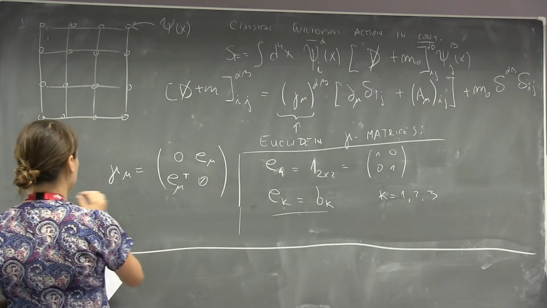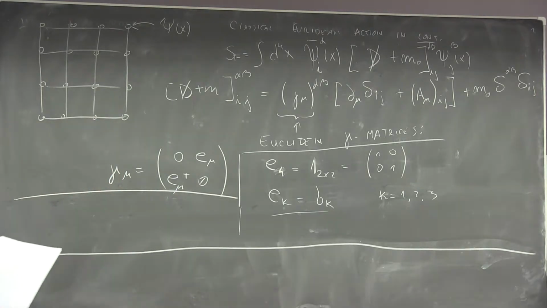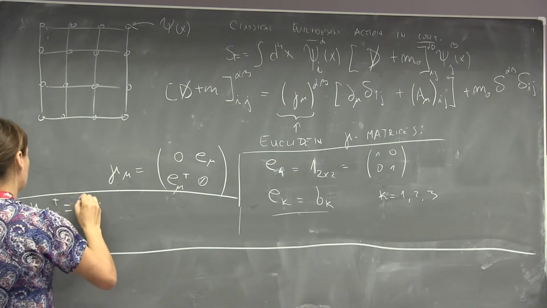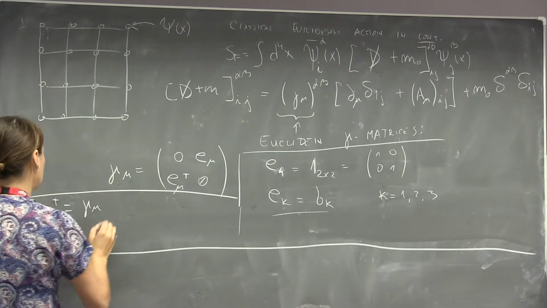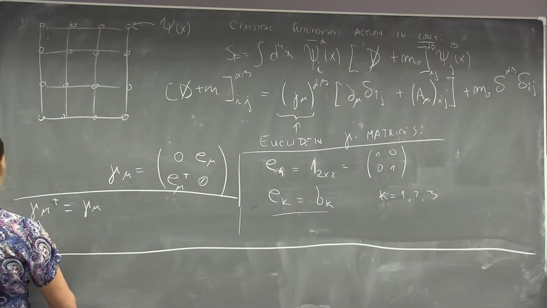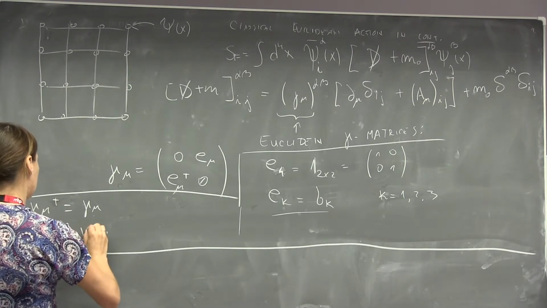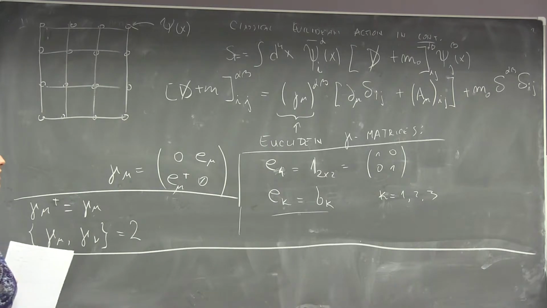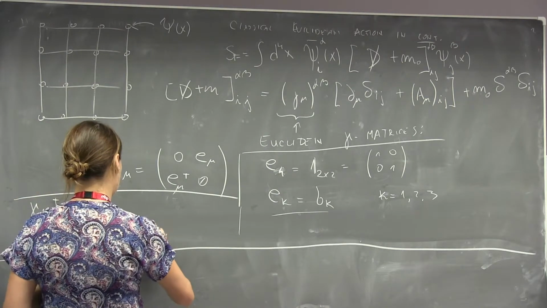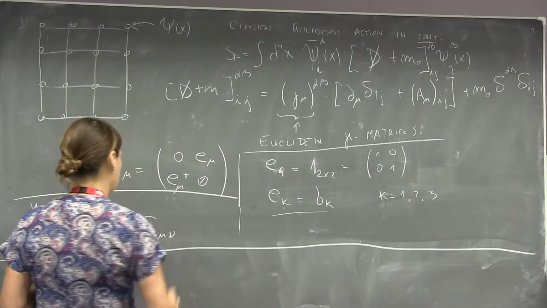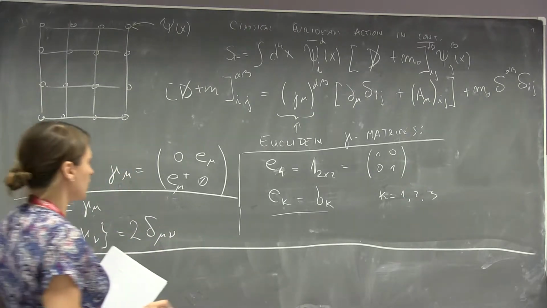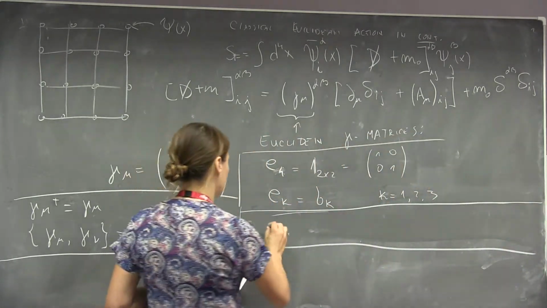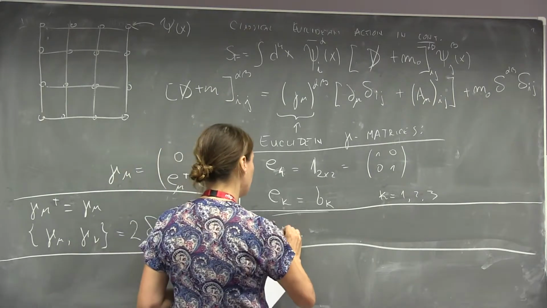And for the Dirac matrices, the usual relations hold. These are Hermitian matrices, and the anticommutator of two Euclidean gamma matrices equals 2 delta mu nu. Another important point is that the Euclidean gamma 5 matrix is slightly different from the Minkowski gamma 5.